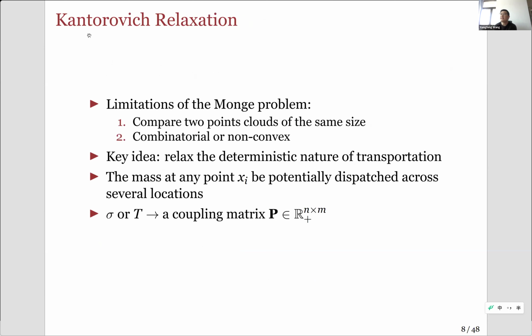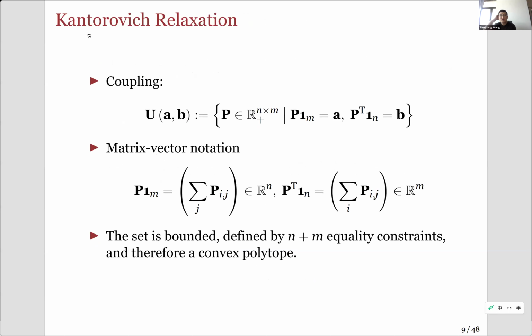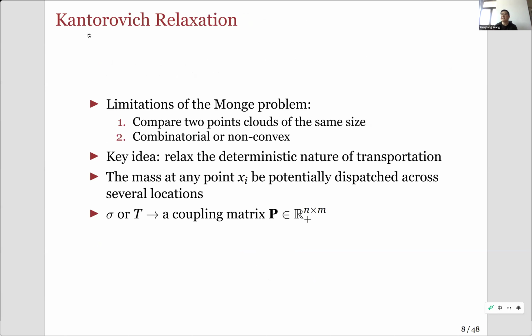However, the Monge formulation is intuitive, but it has limitations. It often requires the distributions to have the same number of points, and finding the optimal map T can be computationally hard. It's a non-convex combinatorial problem. Kantorovich proposed a relaxation that overcomes these issues.